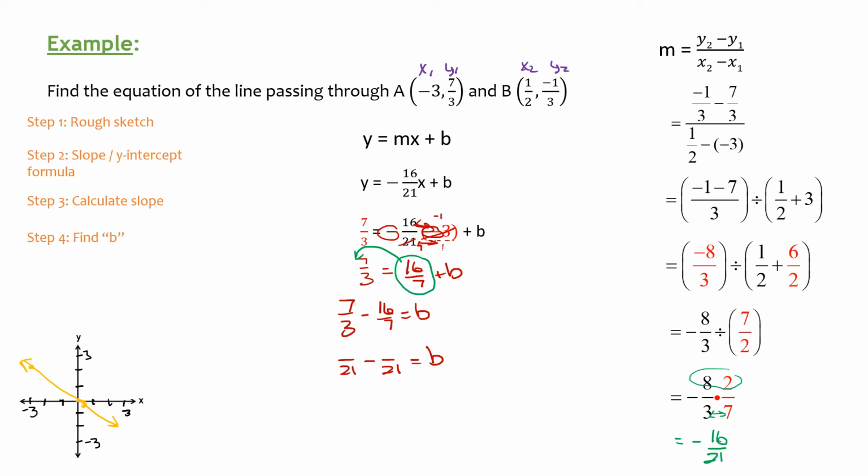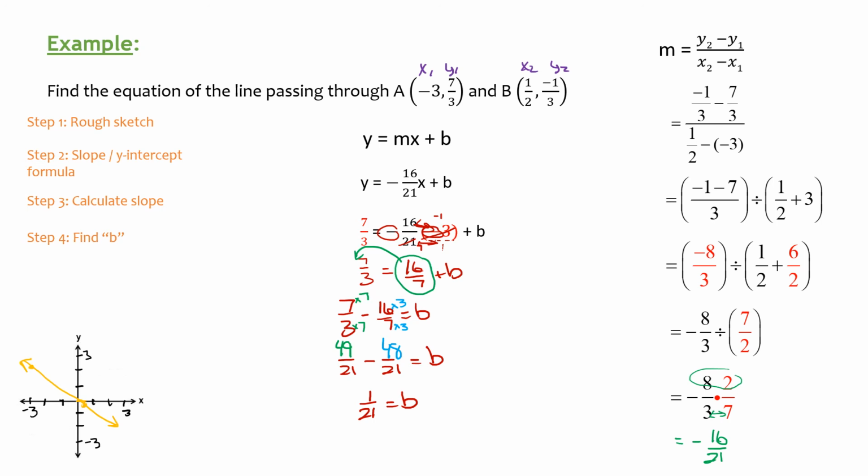Okay, I multiplied 3 by 7 to get to 21. Now I have to do the same to the top. That's going to give me a 49. And on the other side, I multiplied 7 by 3 to get to a 21. Do the same to the top, and I get a 48. So I have 1 over 21 equals b.